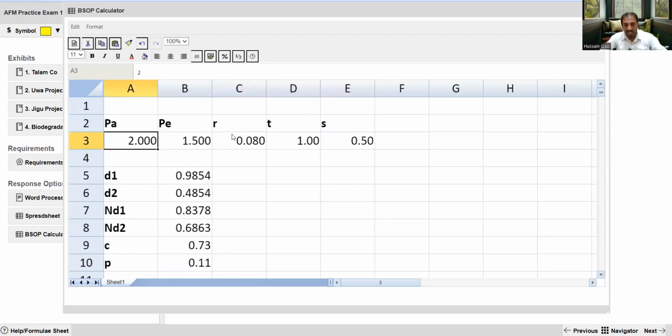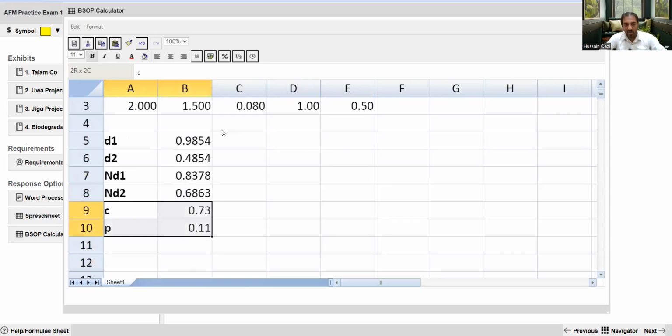So you just put in the five values, and these variables automatically identify D1, D2, ND1, ND2, and the identification of call and put option.